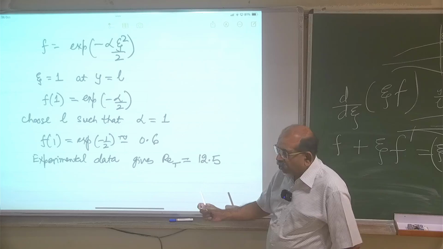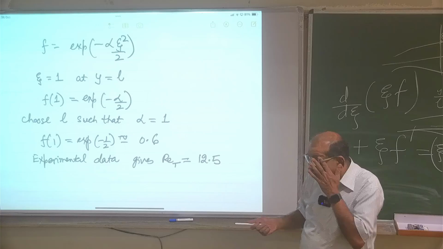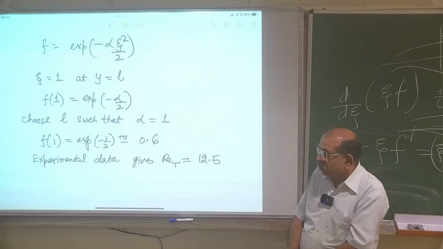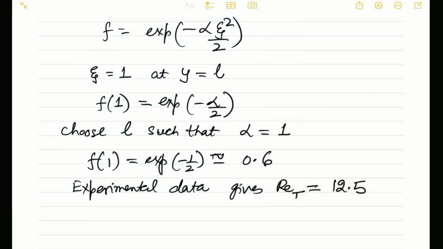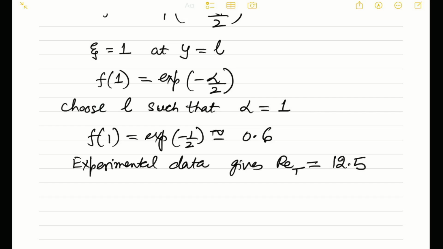So UL upon nu, when you do it, you get RET, and that is a constant. And this we try to get from the experimental data, and that gives us a value equal to 12.5 for these wake flows. Now, what we try to see is how correct this is.